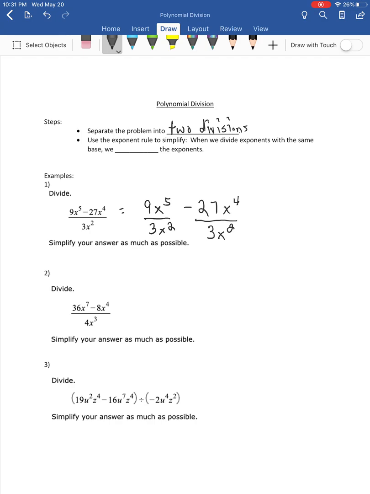When we divide exponents with the same base, because they both have x's, we're not dealing with mixed variables, we subtract the exponents. Remember, we're going to divide coefficients.